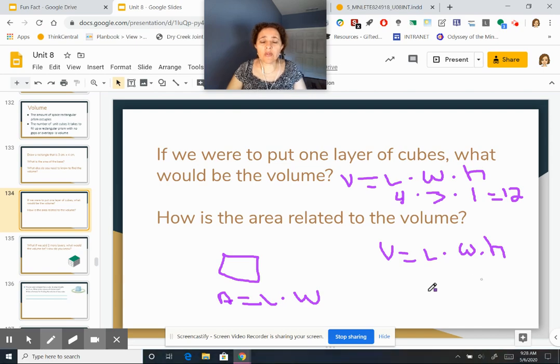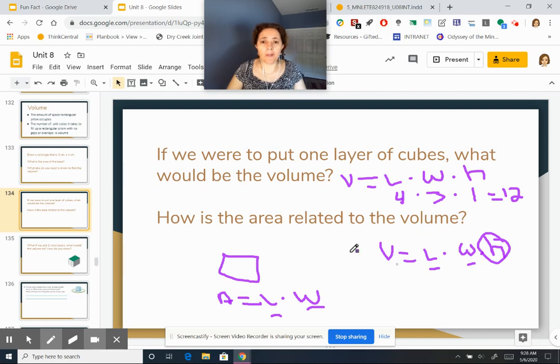Okay, so if you said they both have a length, you are right. They both have a width, you are right. So the difference is that volume has height where area does not. And remember, area we measure in square units, using squares, and volume we measure using cubic units or cube units. So that's the difference.